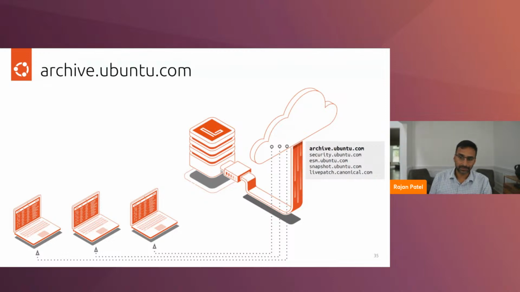archive.ubuntu.com is the main repository for all types of software packages and general updates. So the purpose is, this is the main repository for Ubuntu packages. It hosts the vast majority of software packages available for Ubuntu, including the core operating system packages, libraries, utilities, and applications.